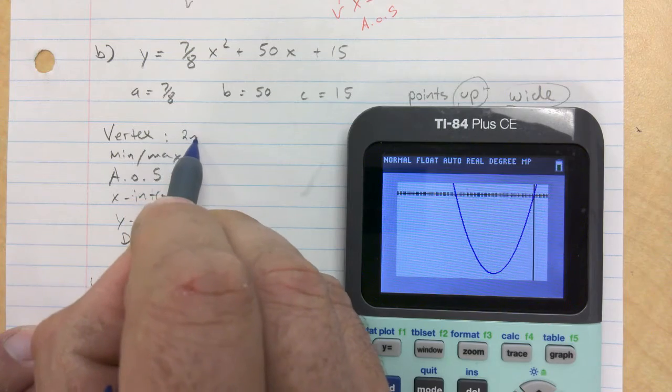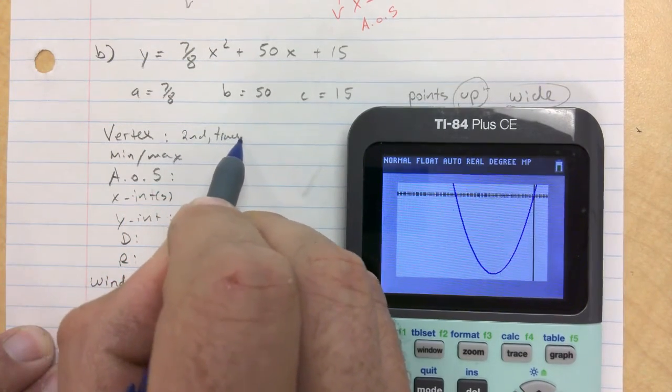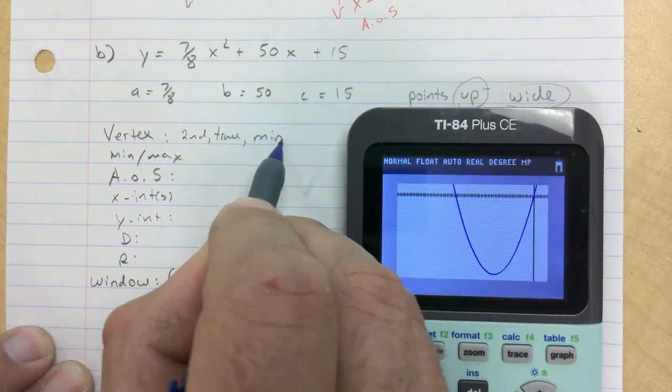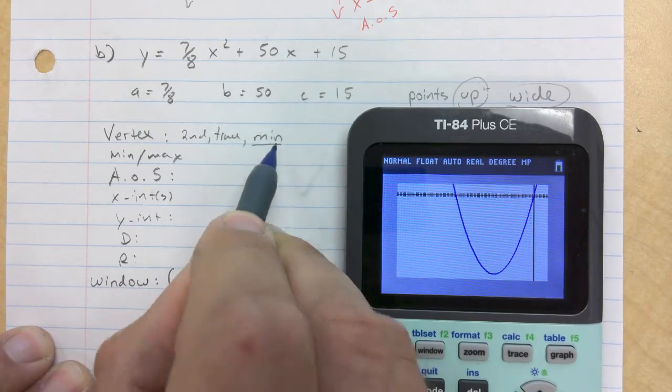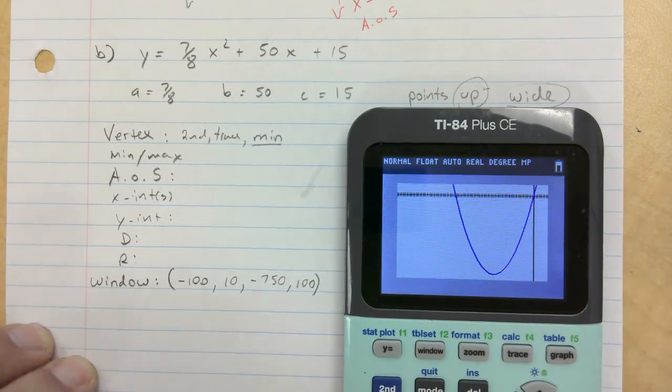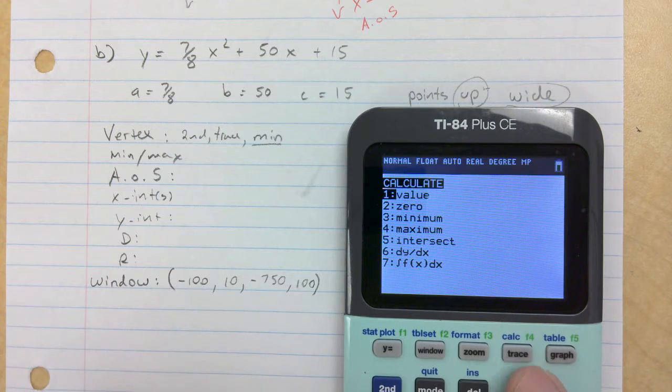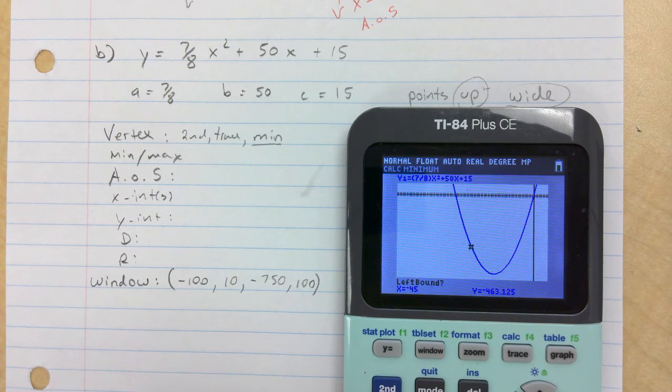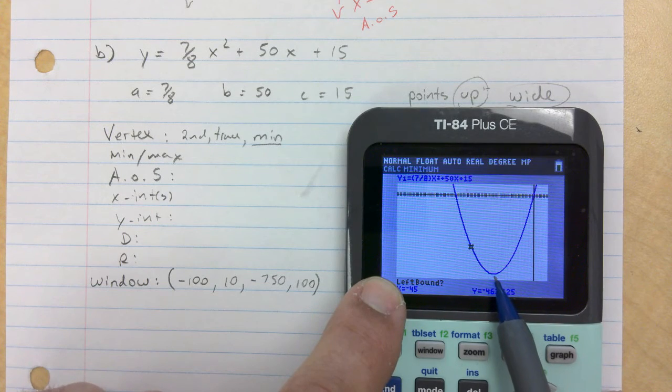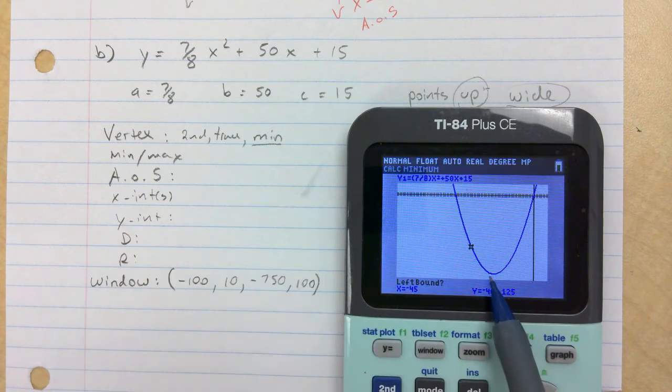We're going to go second, trace, min. Okay? There's a minimum here. There's a low point that you're reaching. So second, trace, 3. That's your vertex. I want something to the left of the vertex. You're already there. You are to the left. If you're not, just keep scrolling until you're left. So hit enter.